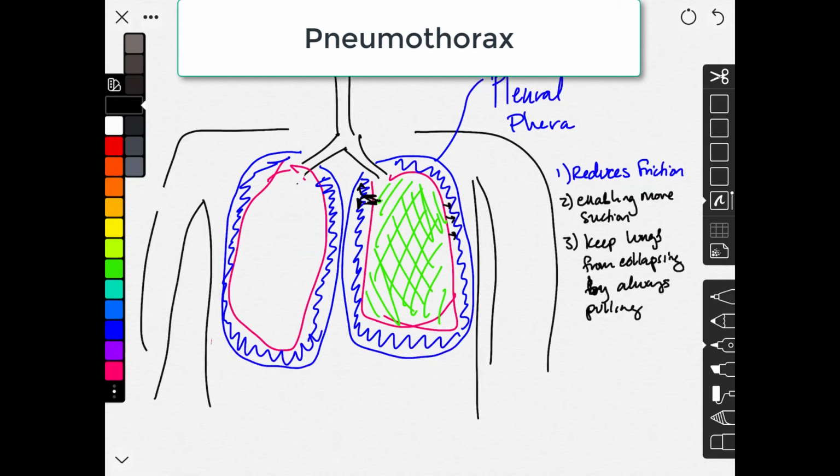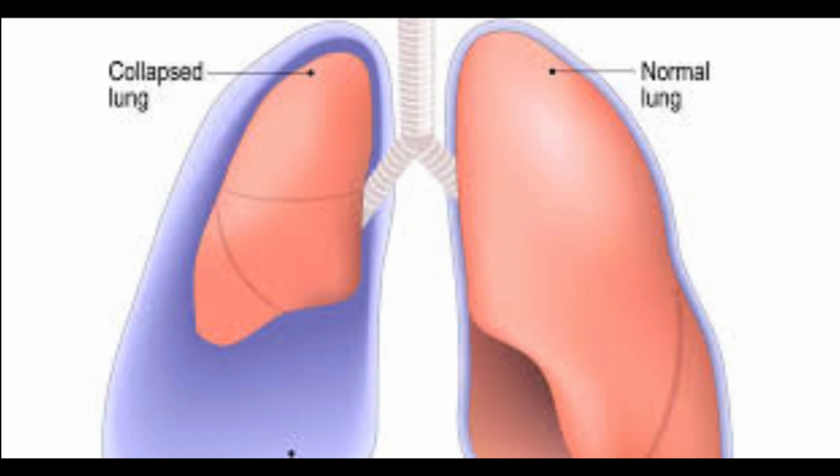Over time, as this air leaks into the pleural area, it's going to decrease the amount of space that the lung has, and that's going to start to collapse the lung. This is the thing that you often see in TV shows where someone will jam a pen or a straw into the chest of someone who can't breathe, and it lets off air, and all of a sudden they're able to breathe. What they're doing is they're getting that air out of the pleural cavity.